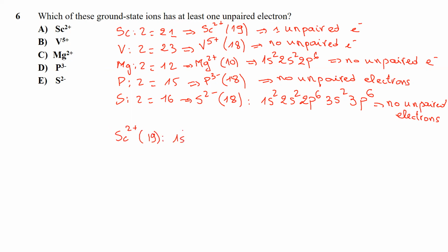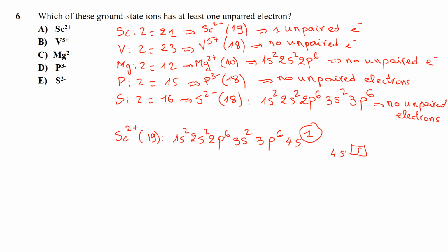So we'll have 1s2, 2s2, 2p6, 3s2. Here is 19 already, so 3p6. So what is coming after the 3p orbital? Yes, 4s1. Okay, so we have this one that will be unpaired. I will have half filled 4s.